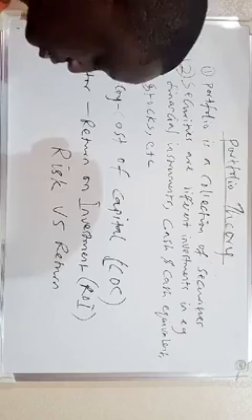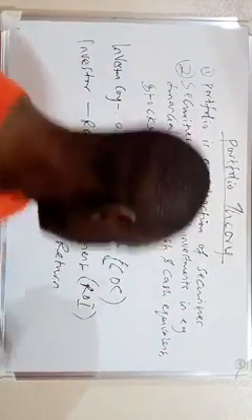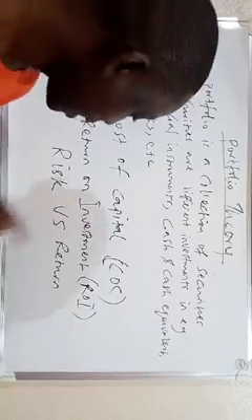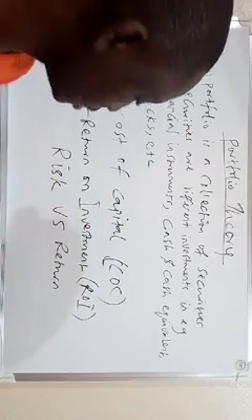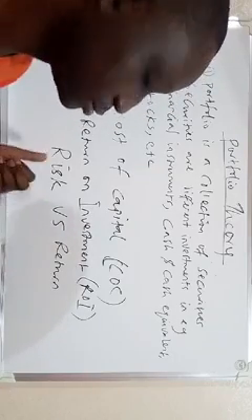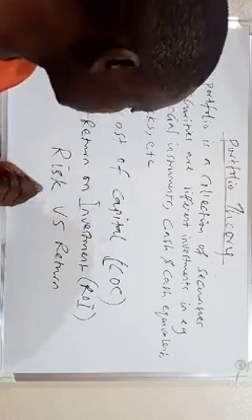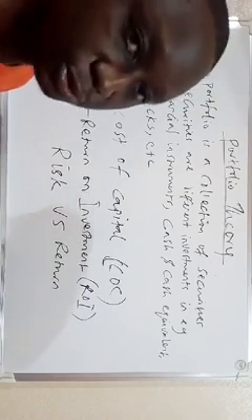Risk versus return. The higher the risk, the higher the return. That is what is expected. The higher the return, the higher the risk. But the lower the risk, the lower the return.